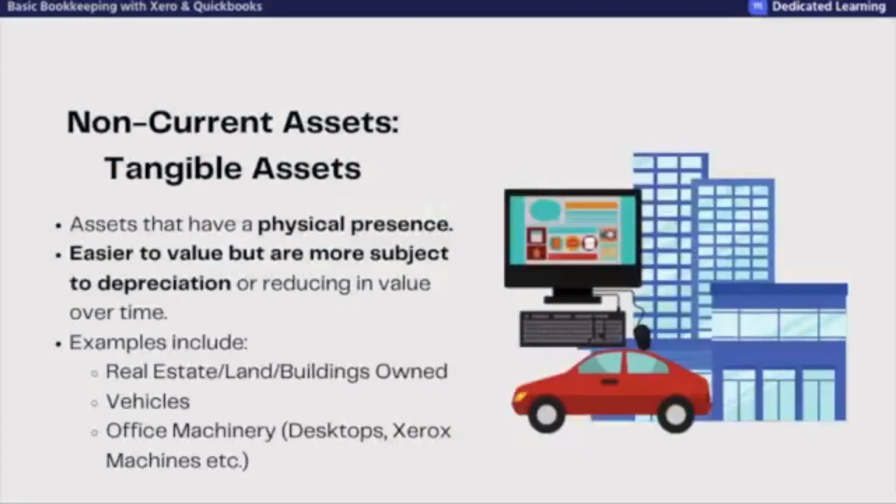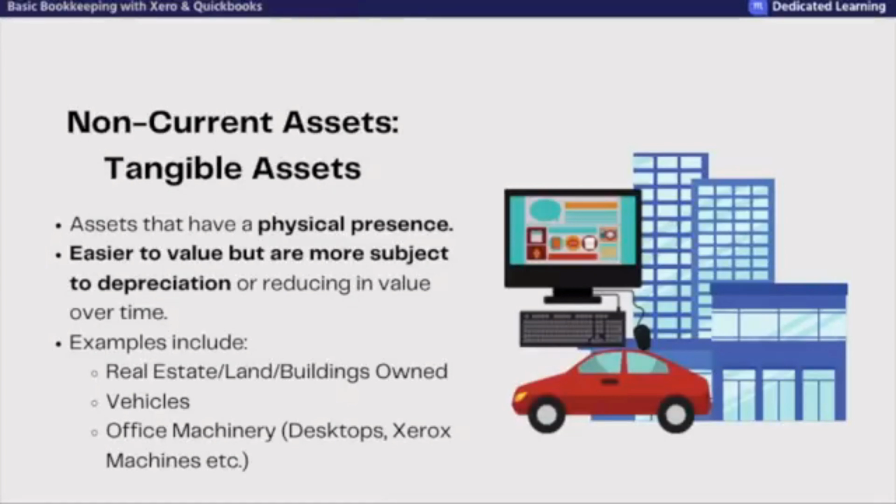Now, non current assets can be even further subdivided into tangible and intangible assets. Tangible assets, as the name suggests, are assets that have a physical presence. They can be touched. They are in the real world.